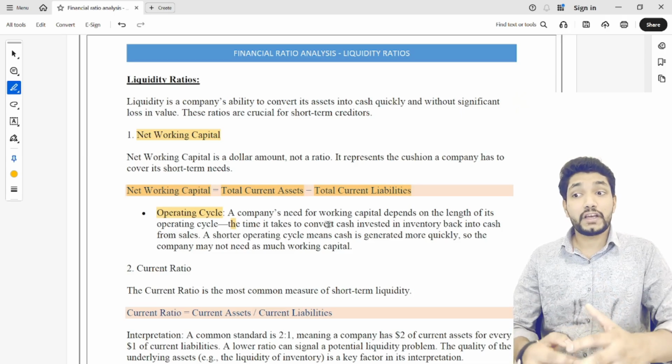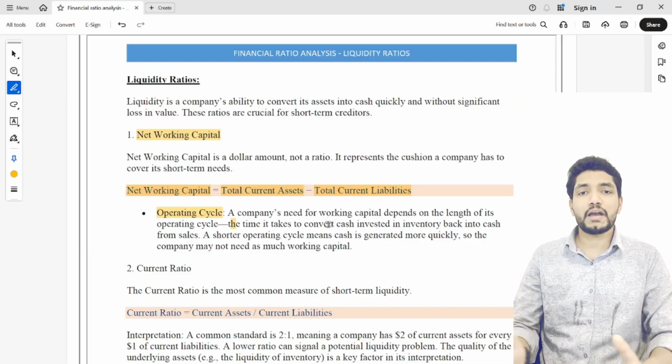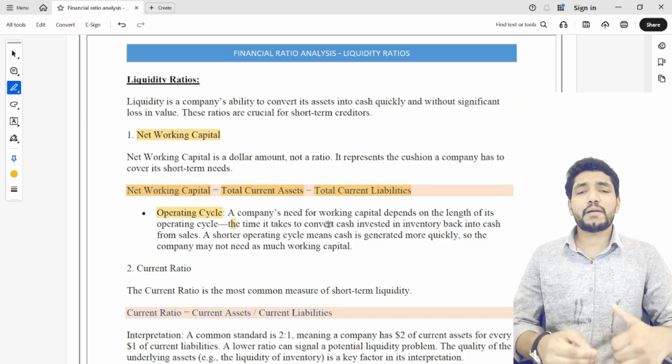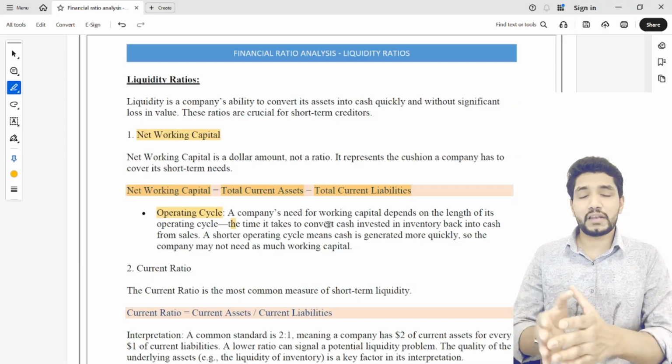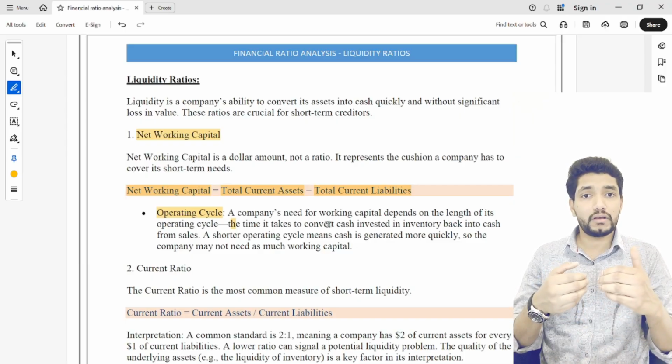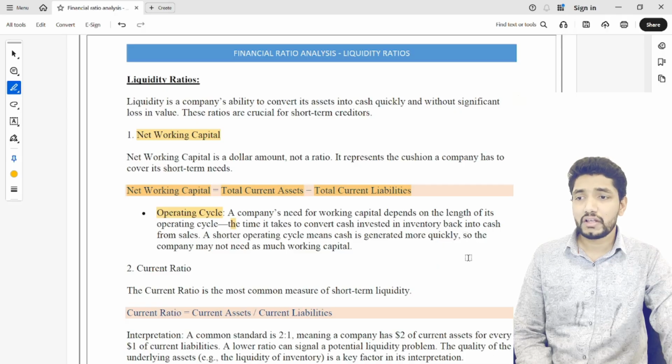If a company has a longer operating cycle, it will need more net working capital to be invested. If a company has a short operating cycle, the activities can be managed with less working capital. A shorter operating cycle means cash is generated more quickly, so the company may not need as much working capital.